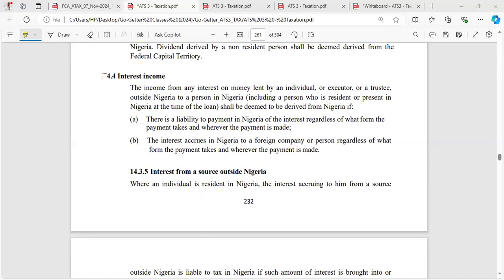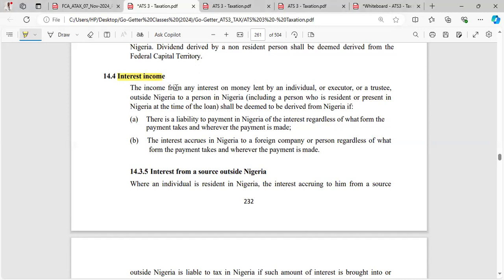All right, so we come to interest income. Interest income is the next thing we are talking about now. We said interest is the reward you get for lending your money to an individual or a company.